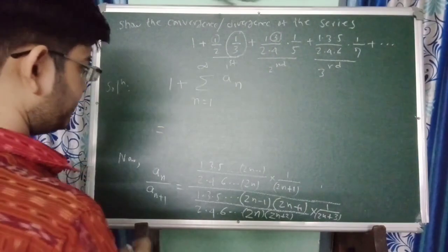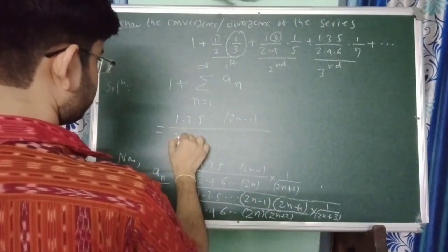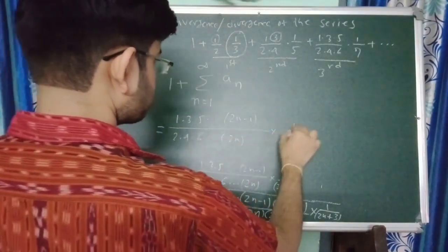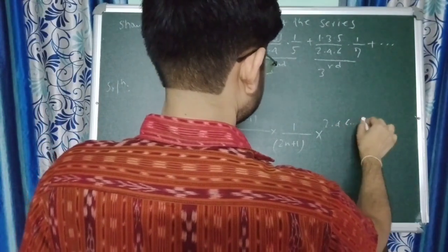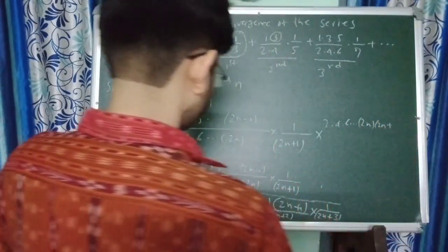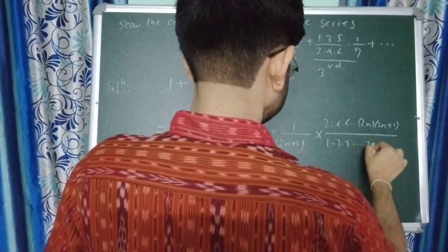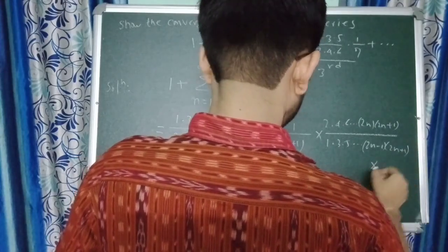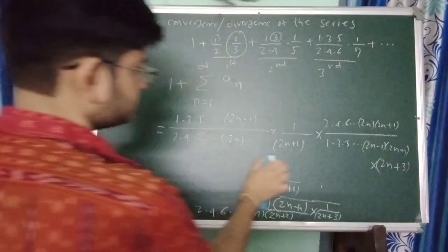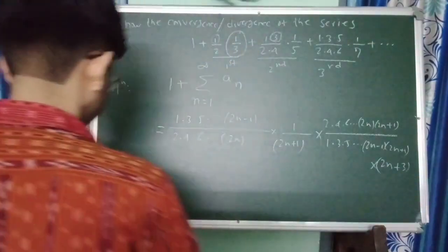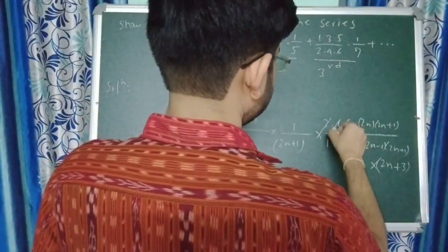So after simplifying, now cancel 2, 4, 6 up to 2n.